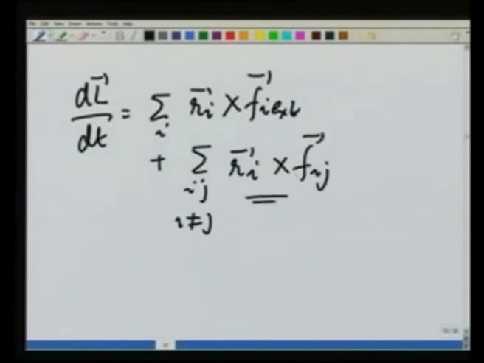Recall this term; now I want to show it is 0 in order to prove that dL/dt equals summation r_i cross F_i external only.